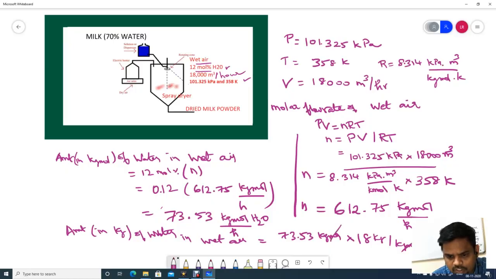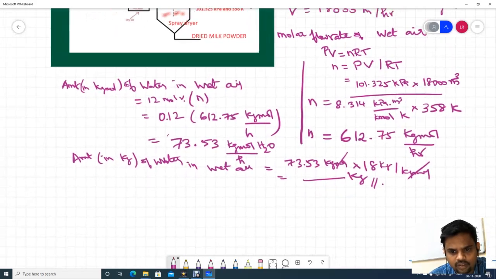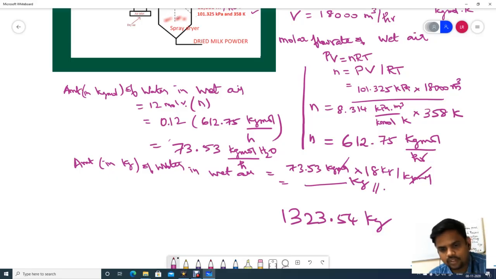So kg mole gets cancelled, and we get this much in kg. Please calculate with your calculator. 73.53 multiplied by 18 is equal to 1323.54 kg. Are you getting the same value? So this is the amount of water present in the wet air.